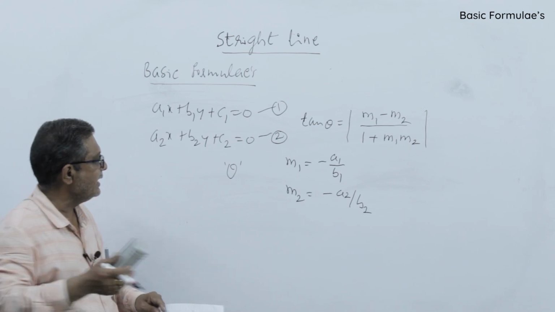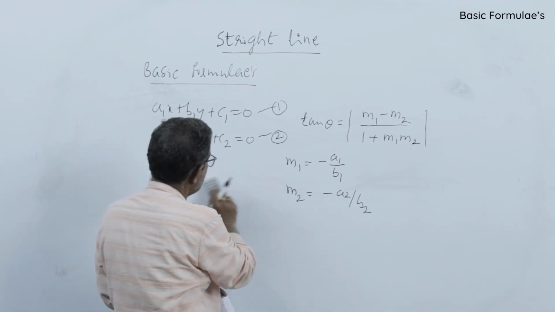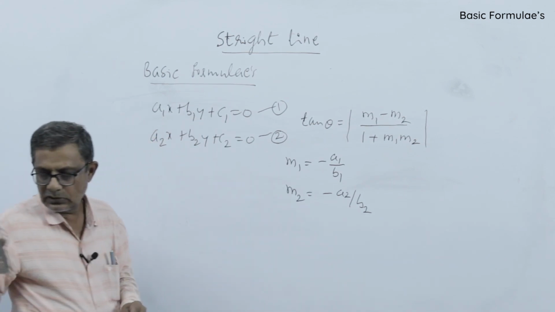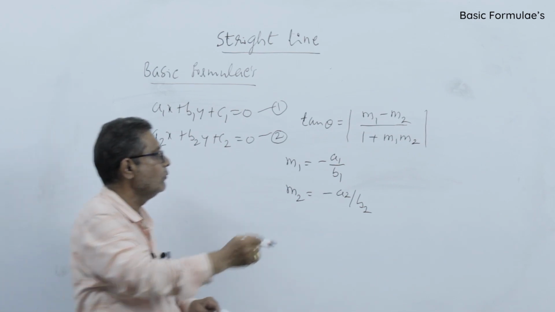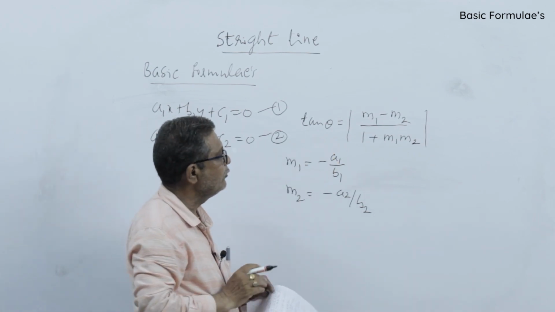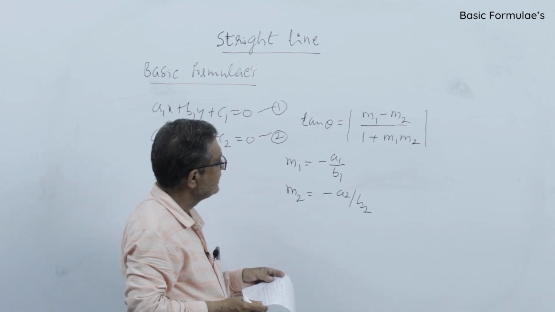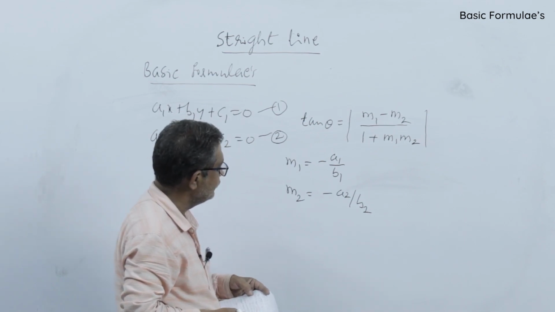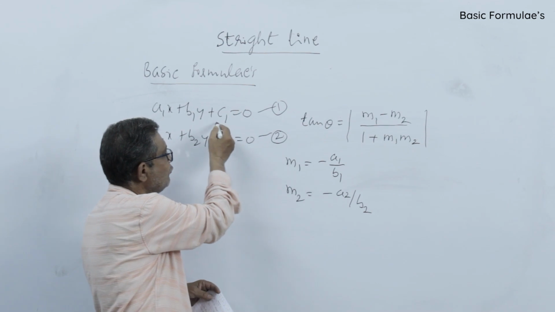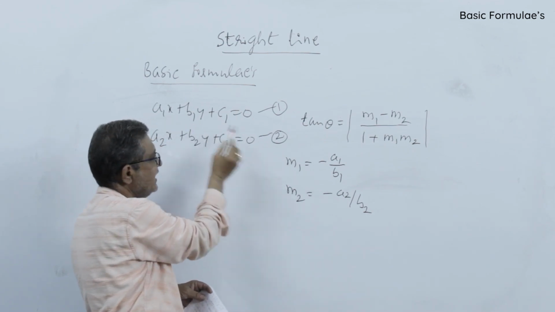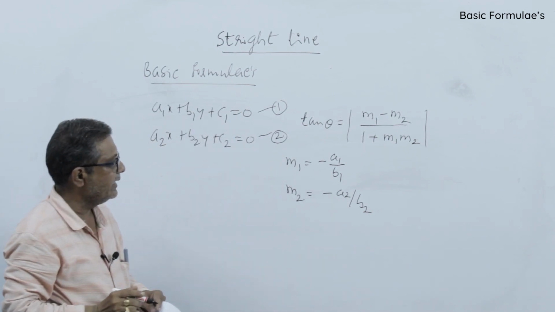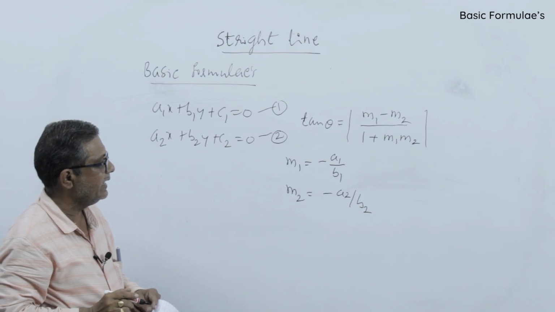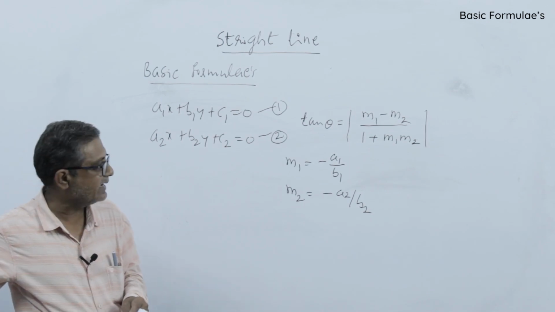Now this is the angle between the two lines. Tan theta equals modulus of m1 minus m2 divided by 1 plus m1 m2, where m1 is minus a1 by b1 for the first line and m2 is minus a2 by b2 for the second line.